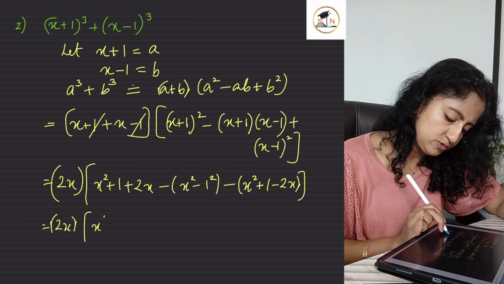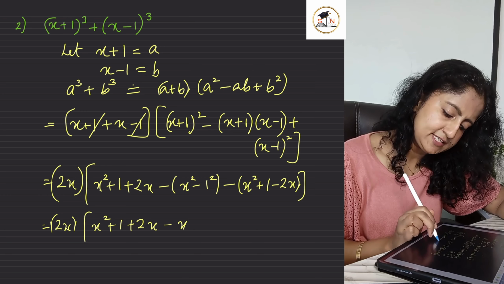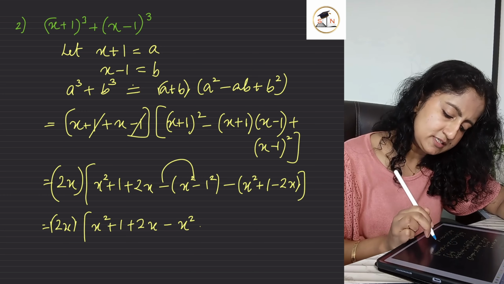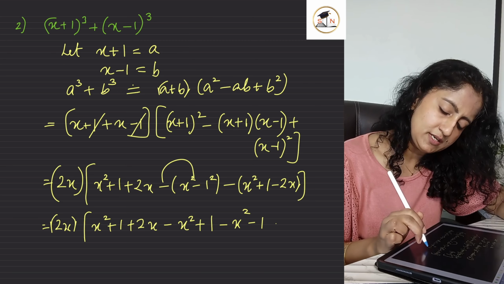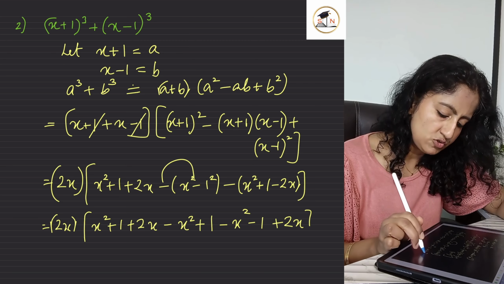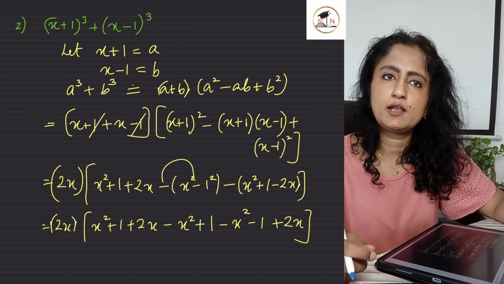Now, x square plus 1 plus 2x minus x square minus and minus turns positive 1 minus x square minus 1 plus 2x. So here we have expanded everything inside your square bracket.